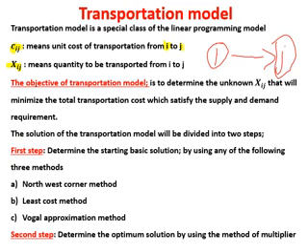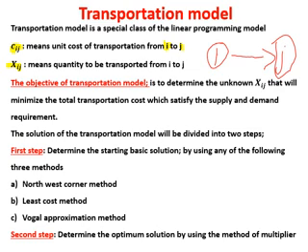The solution of the transportation model will be divided into two parts. The first part is determining the basic starting solution, and we will introduce in this chapter three different methods to get the starting solution for any transportation model.